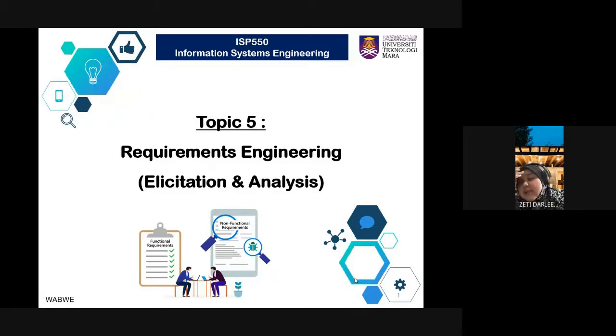We begin our class on topic 5 with the title Requirements Engineering. So we've learned previously chapter 4, we learned about project management, and we already known on chapter 2 and 3, the SDLC and the types of SDLC that you've learned, whether it's sequential, whether it's iterative, and then you learn about project management.